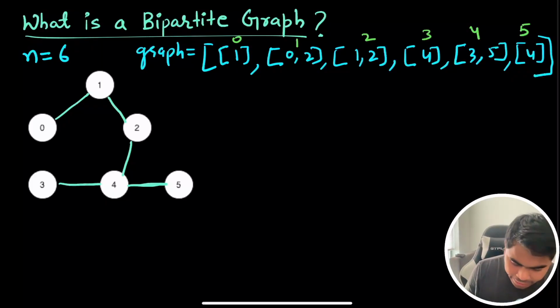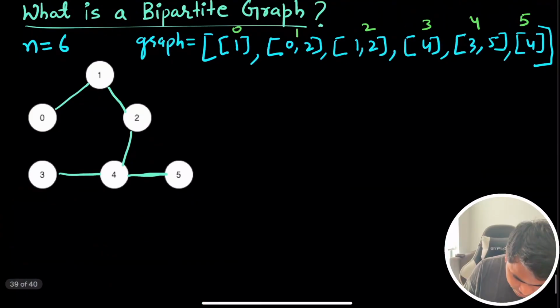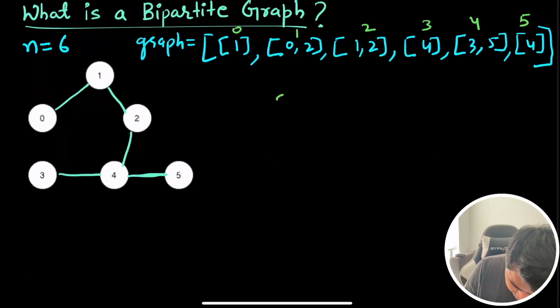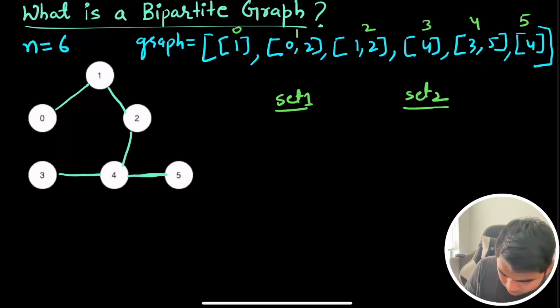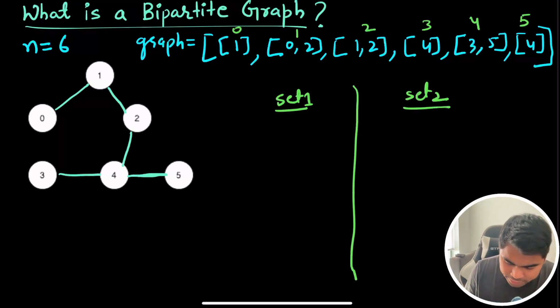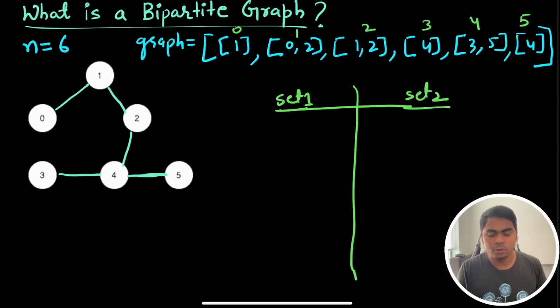So I can say that here there will be basically set 1 and set 2. Can we group these nodes into two separate sets such that no two adjacent nodes are in the same set? And we will do the coloring as well at the same time.